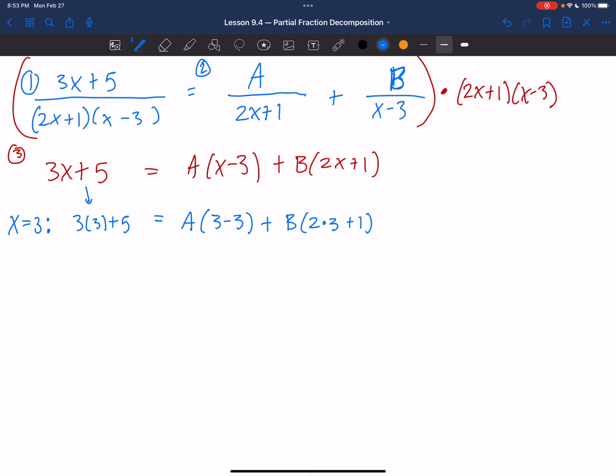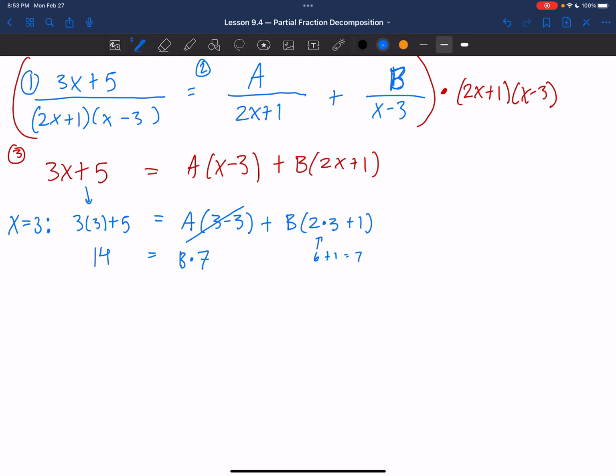Notice what happens. 3 times 3 is 9 plus 5 is 14 equals, well, this is 0, so it's crossed out. And then it's b times 2 times 3 is 6 plus 1 equals 7. So that's b times 7. Therefore, if you divide both sides by 7, you'll get b equals 2.